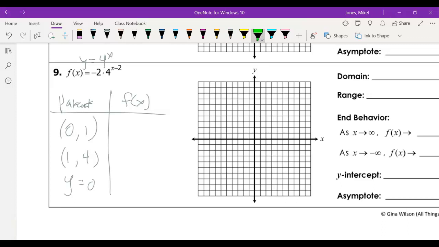This graph has a couple of different transformations. So it's being moved down 2, excuse me, not down. It's being moved to the right 2. Okay, so that's going to change my x values. So my x values are going to be moved to the left 2 units. So this would become a -2. This would become a -1.